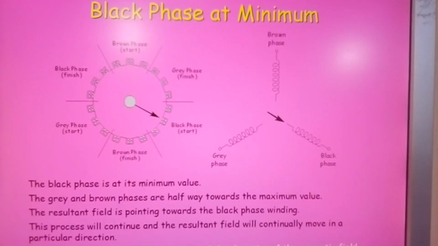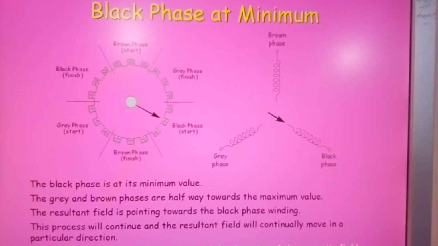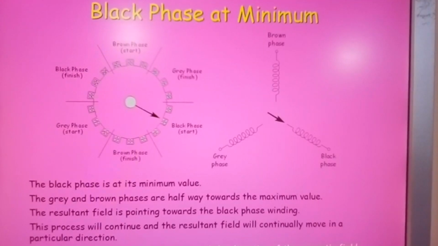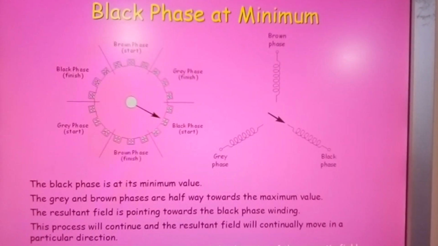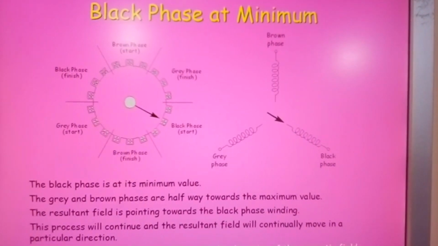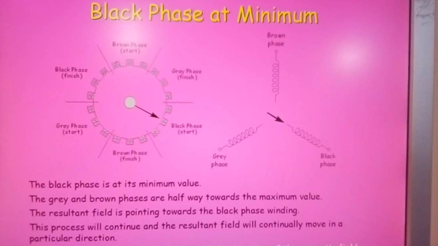The grey and brown phases are halfway towards the maximum value. The resultant field is pointing towards the black phase winding. This process will continue and the resultant field will continually move in a particular direction. If you change any two of the windings, the direction of the magnetic field will change.